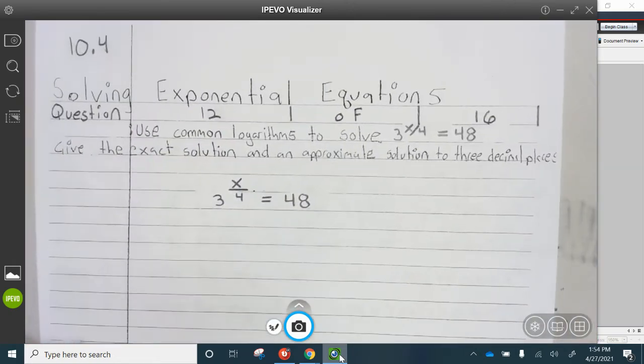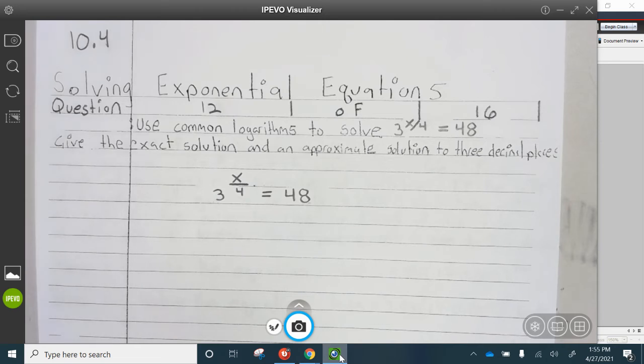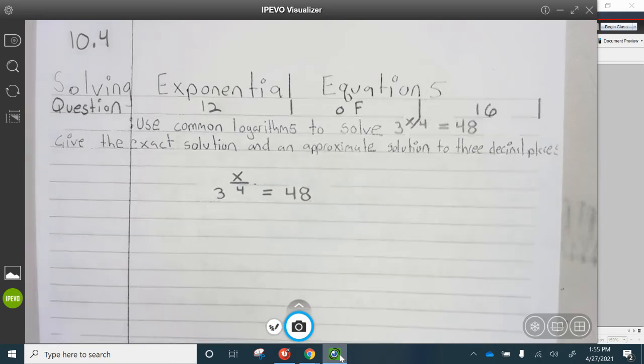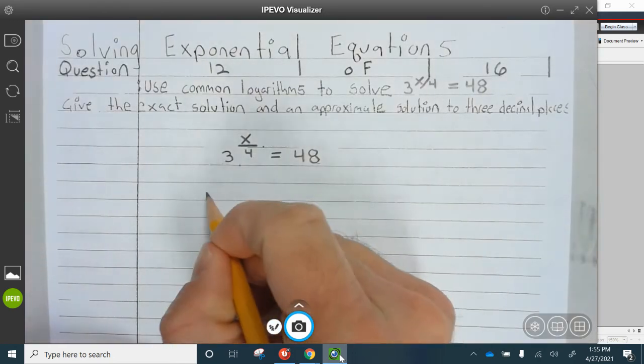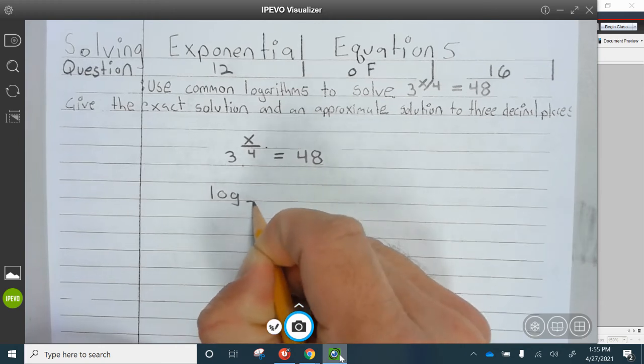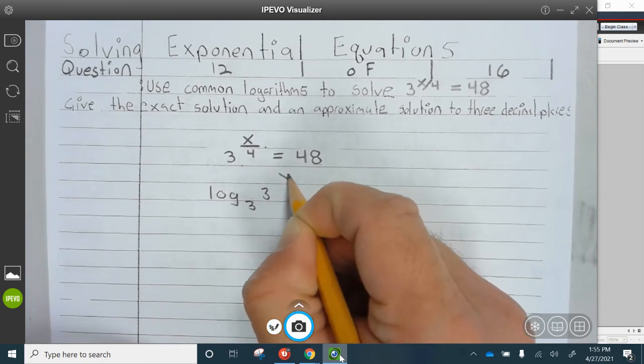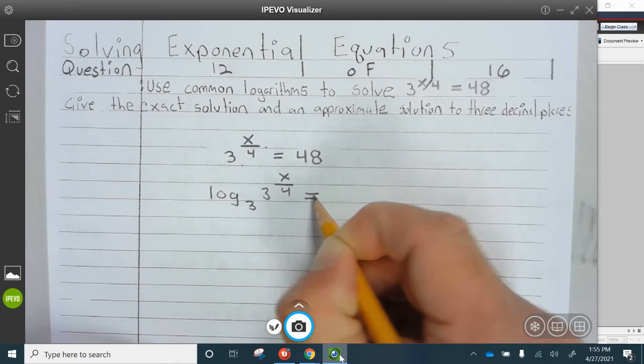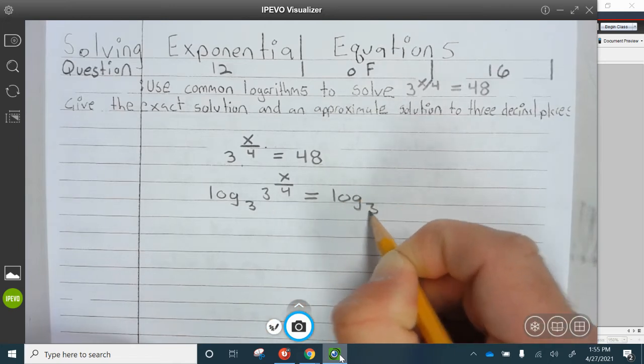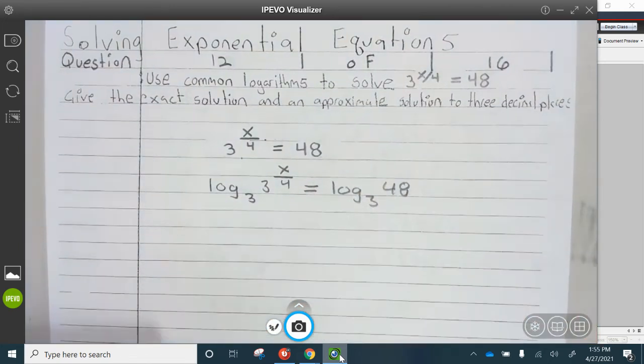All right. Question 12 of 16. Use common logarithms to solve 3 to the x divided by 4 equals 48. Give the exact solution and the approximate solution to 3 decimal places. All right. The exponent is isolated, so we're going to do log base 3 of both sides. Okay.